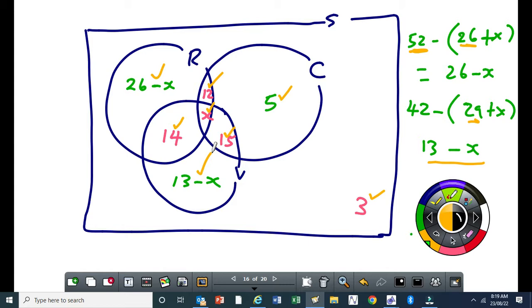Generally, most of the questions based on your curriculum will have some kind of intersection of all three, like this x here. You won't get a question whereby two of them have an intersection, then the third one does not have any relationship with the other two.